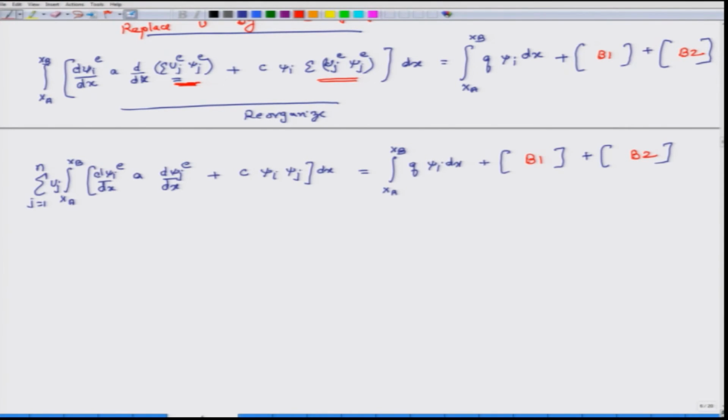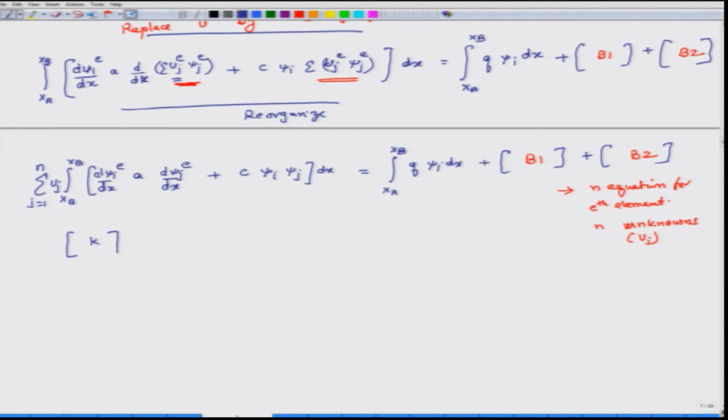So, again this represents n equations for the eth element, and how many variables are there? N unknowns, and these are uj's. So, for the eth element there are n unknowns which are uj's, and we have n equations. So, now I can express this in matrix form for the eth element.